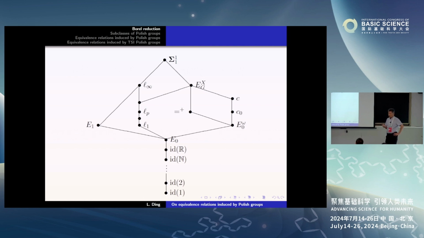Of course, we can do this, because you can consider all equivalence relations induced by Polish group G and so on. There are many results on this topic. But today we'll introduce one equivalence relation for one group.